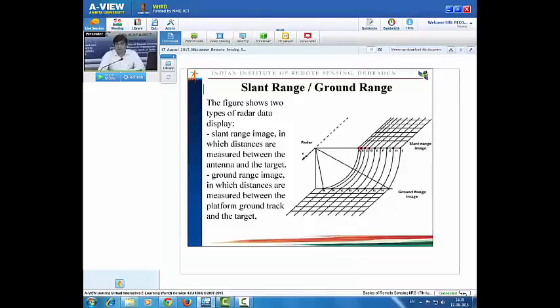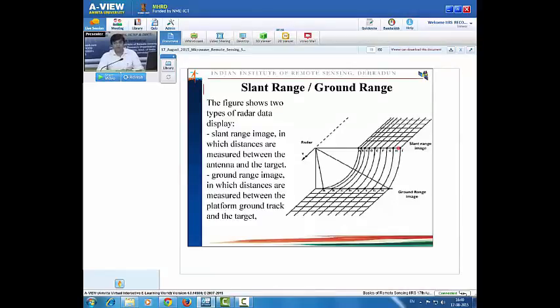So what we are observing, the objects appearing in near range are compressed or not represented by their actual shape or size in the SAR imagery. When the objects are near, compression is very high, and as we move from near to far range, towards far range compression is very less. It means that the compression will be very high in the near range and very less in the far range.